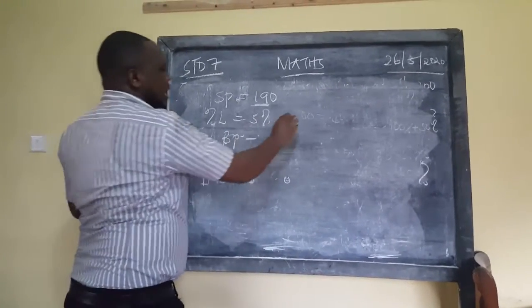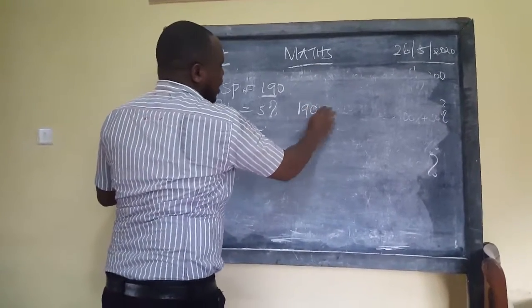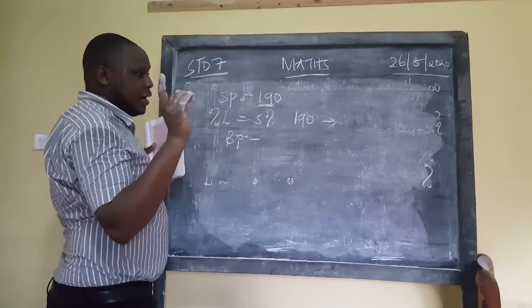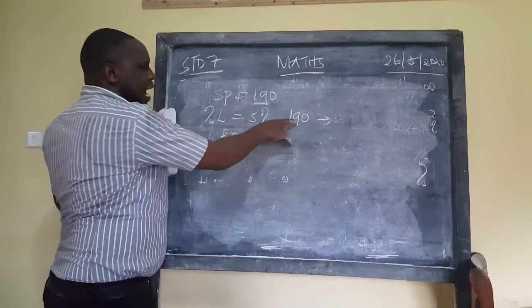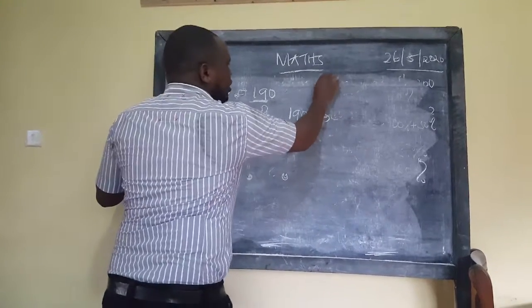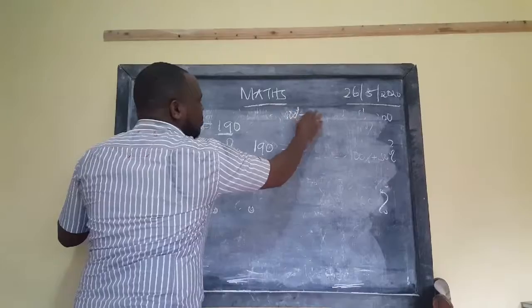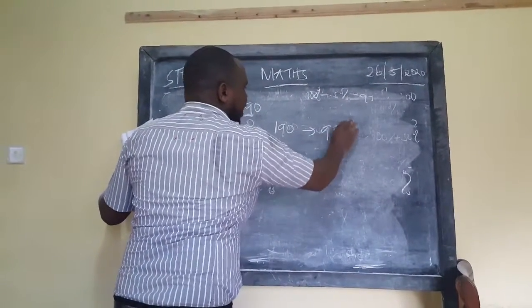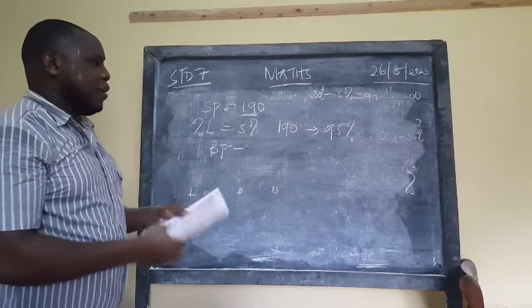So in this case, you are told, by selling at 190, he has made a loss of 5%. Meaning that 190 is the original price percentage minus the 5%. So this is equivalent to 95%, so that you can see the difference of 5%.